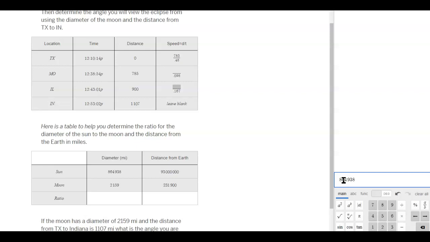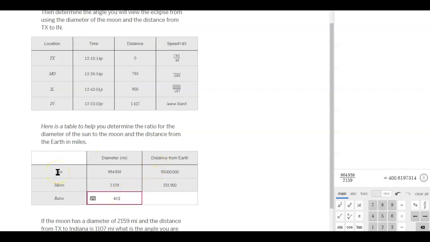We're going to divide that by the moon's diameter, which is 2,159. That's going to give us an approximate ratio of 400. 401 because it's 400.6. So we're going to go ahead and round that up to 401.